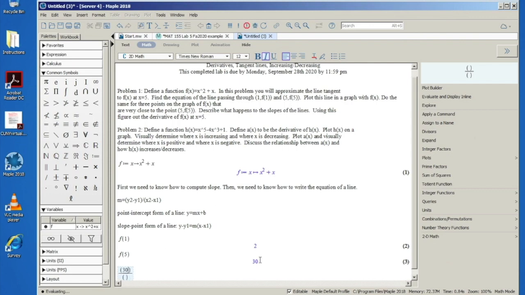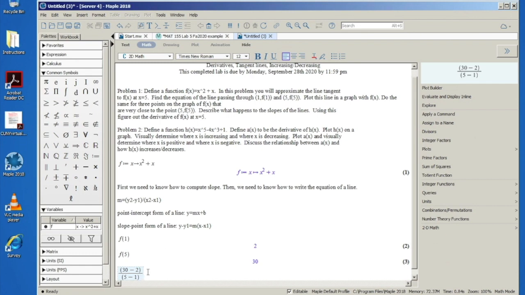So that means that 30 is going to be y2, and that forces 2 to be my y1. In turn, 5 becomes my x2, and 1 becomes my, not my x2, my x1.